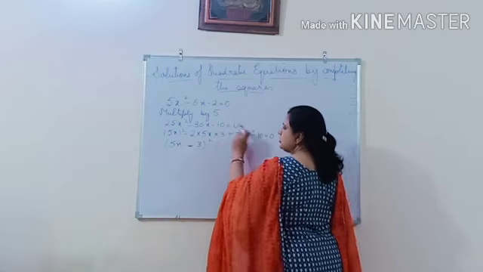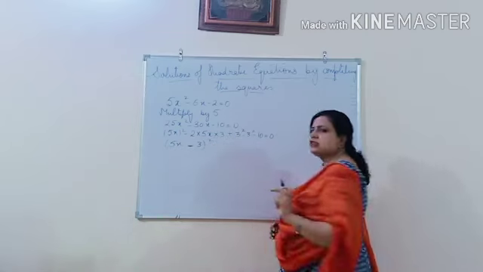So in order to make this whole square, we needed plus 3 whole square.